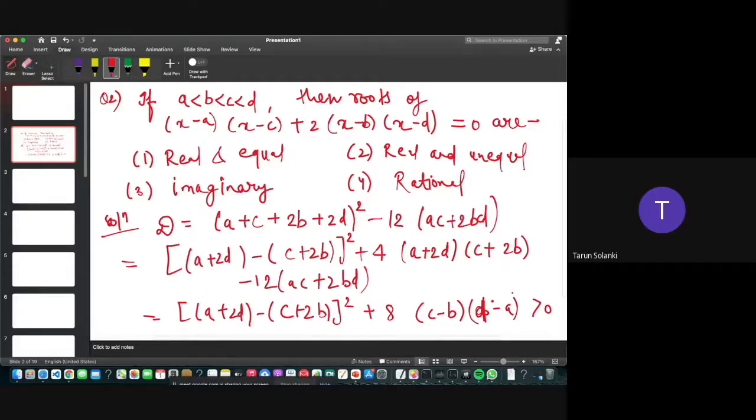D minus A. Okay, so these are what we have got from here. These are different, and the roots are real. It is greater than 0. And the signs are also the same. Okay, so our answer will be the second. Roots are real and unequal.